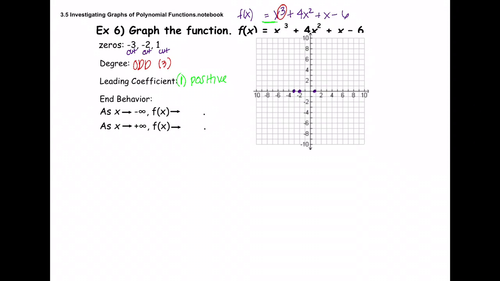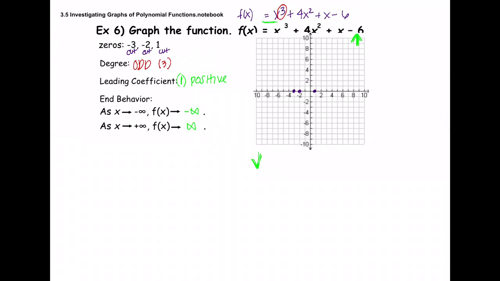So if we have an odd positive behavior, it is going to go down on the left, up on the right. So I kind of draw that in. We can then list as x approaches -infinity, y also approaches -infinity. As x approaches +infinity, y also approaches +infinity.